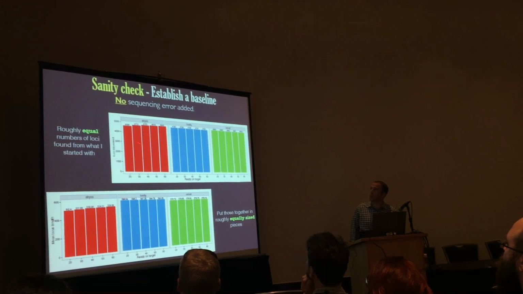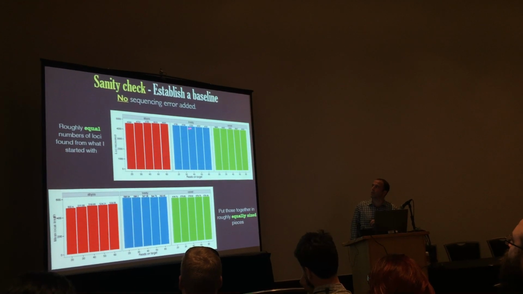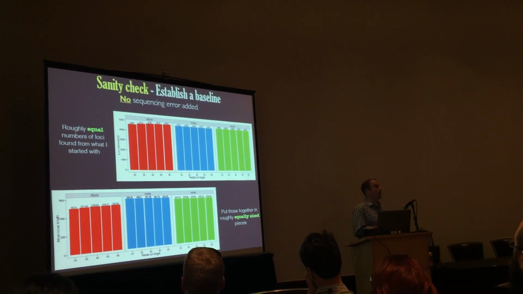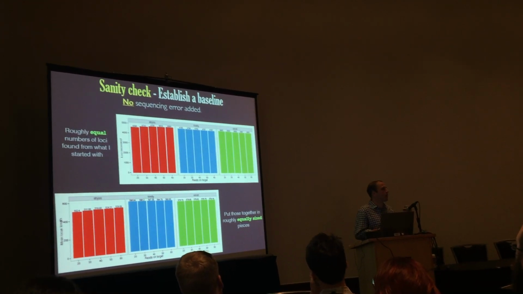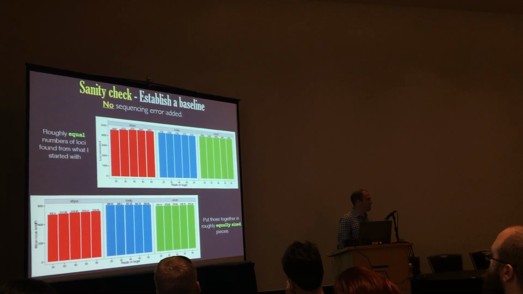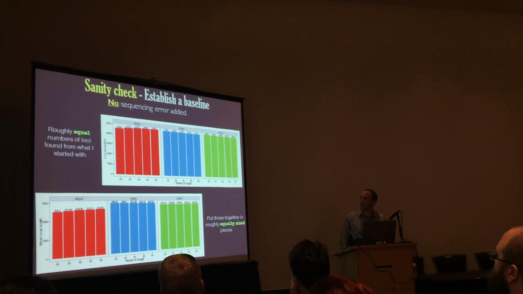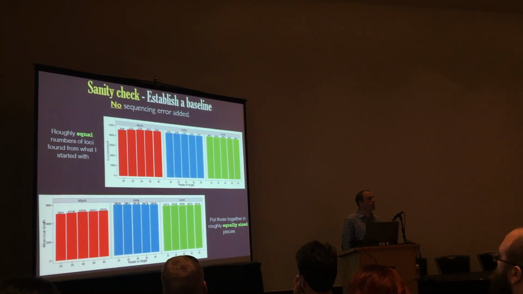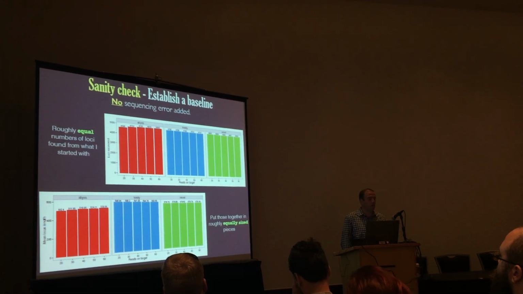The reason these numbers might differ a little bit is that some assemblers will put a locus together in duplicate, and I was just tossing that out as an error. Similarly, most of the assemblers put loci together in roughly the same size pieces. So this shows that the assemblers are performing similarly when given data that have very little error.